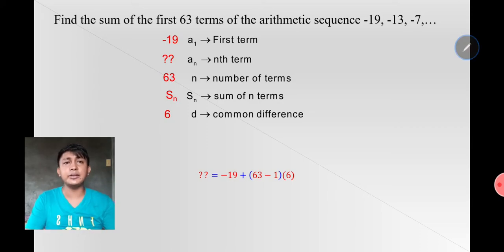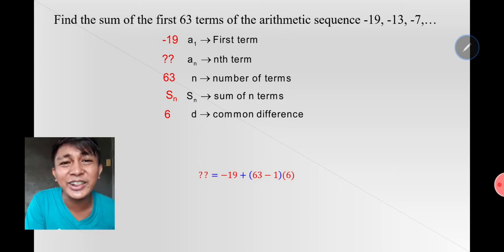Okay, how do we get the nth term? Dalawang unknown, S sub n, pati yung sum, pati yung nth term. Hindi na muna natin kakailanganin agad kunin si sum. Bakit? Una na muna natin alamin kung ano ang last term. Okay, so we are first to find the 63rd term of the arithmetic sequence.